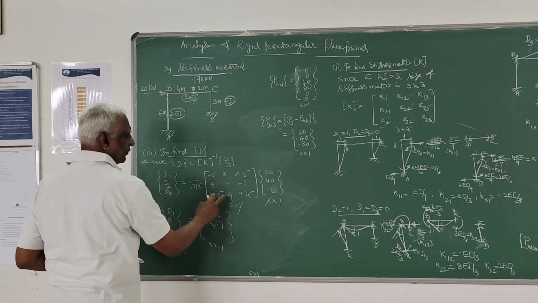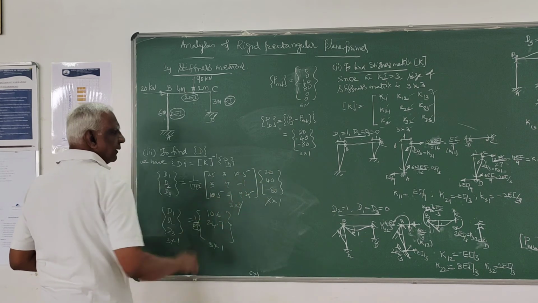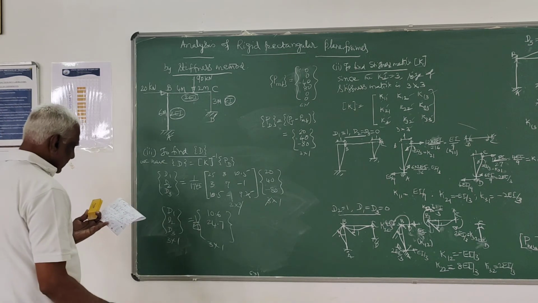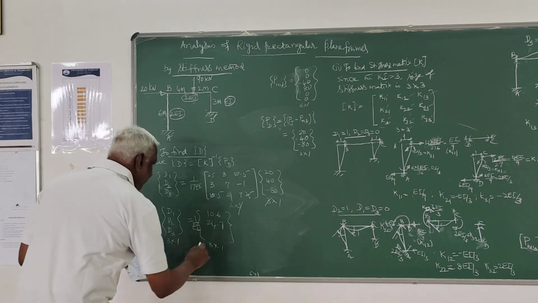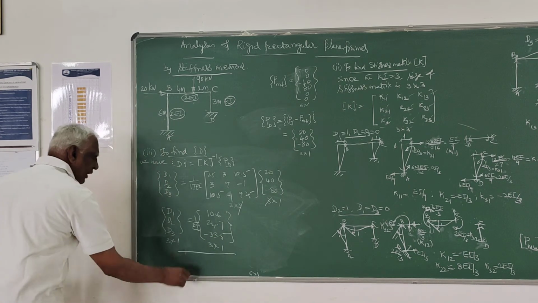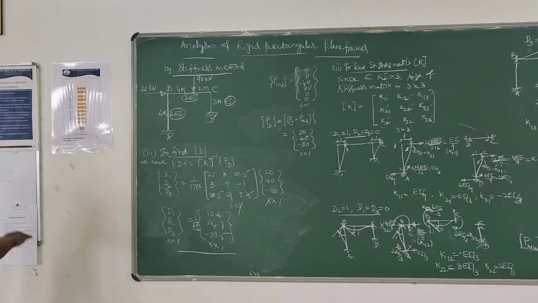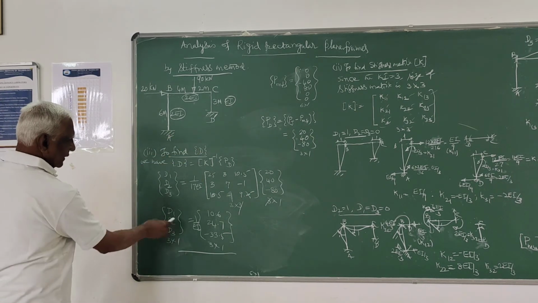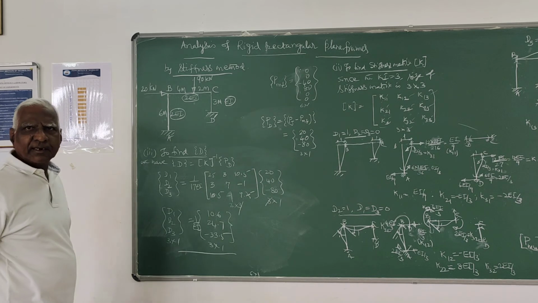And 10.5 into 20 minus 1 into 40 plus 9.25 into minus 80, if you sum up, you will get minus 33.5. So this is your unknown displacement along the coordinates 1, 2 and 3.